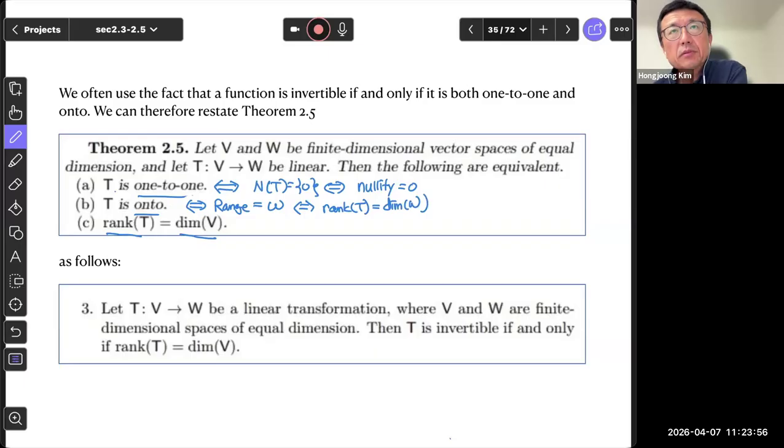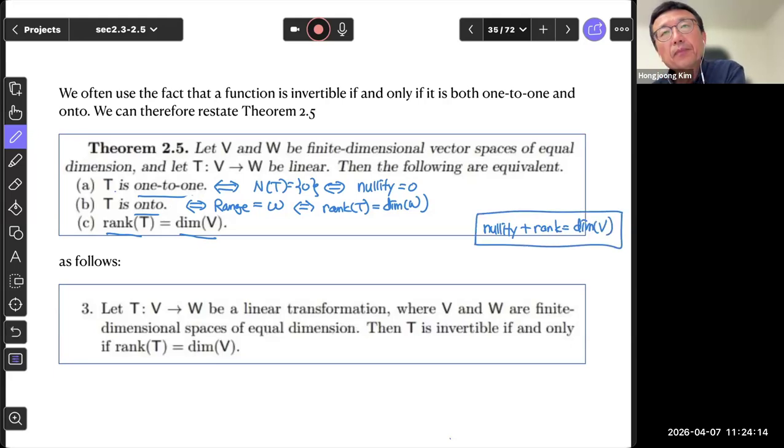If that's the case, then the rank nullity theorem implies that the nullity plus rank will be always the dimension of the domain V. That is the fact in any circumstance. Okay?